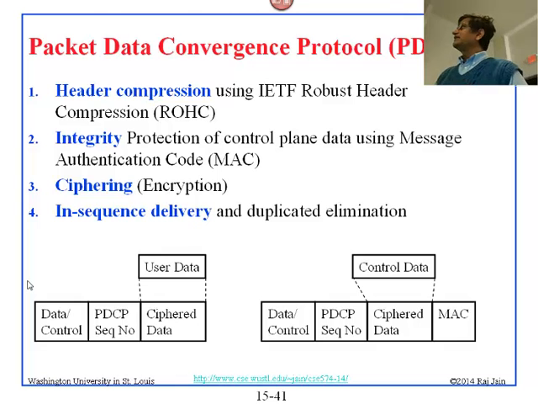Second thing is integrity. Integrity means nobody has changed the data, and that can be done with CRC, but not here. We are doing it with message authentication code. So this is secure CRC.